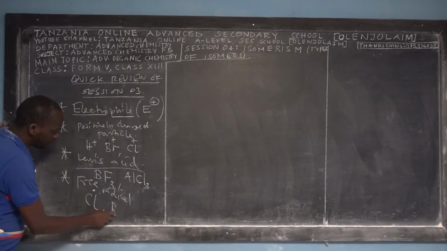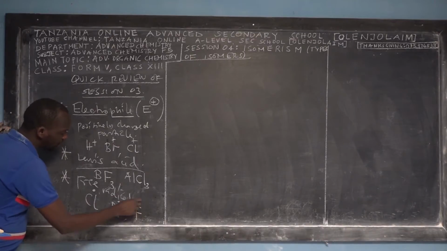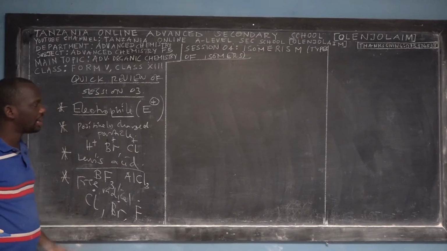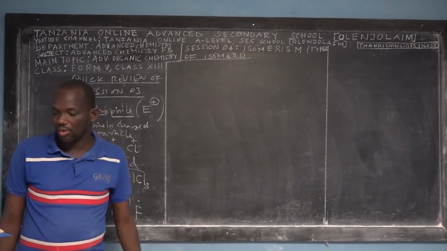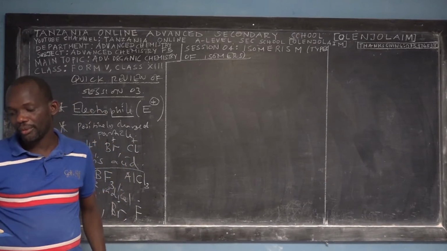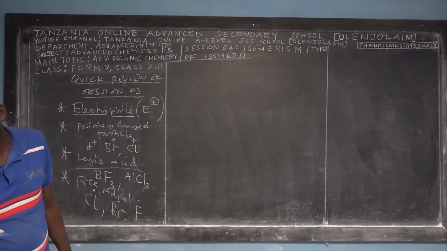You can also have a fluorine free radical, with a dot. These are examples of free radicals: fluorine, chlorine, methyl as an organic example, and bromine.